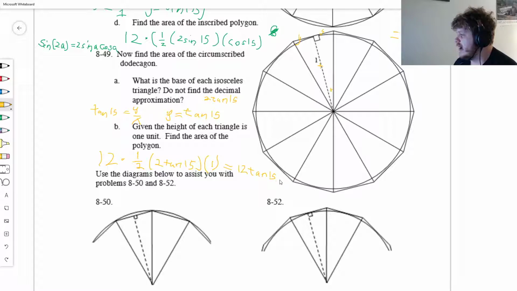And when you actually use the calculator, because there isn't a pretty value for that, you end up with a value of approximately 3.125. And from here, oh wait, no, not 3.125, 3.215, sorry. Momentary math dyslexia.